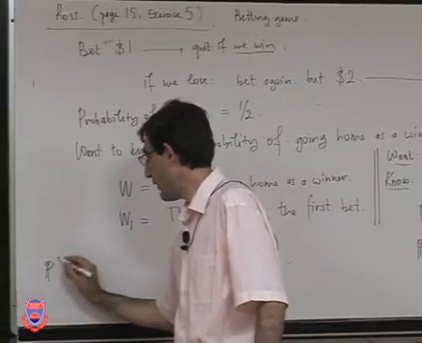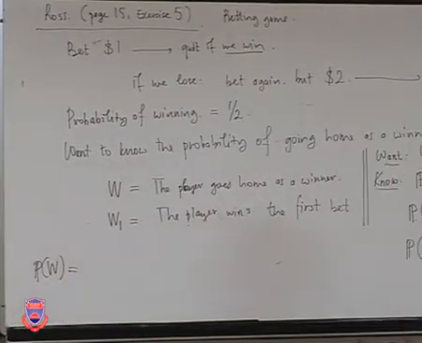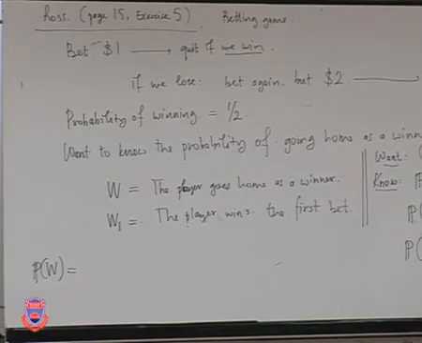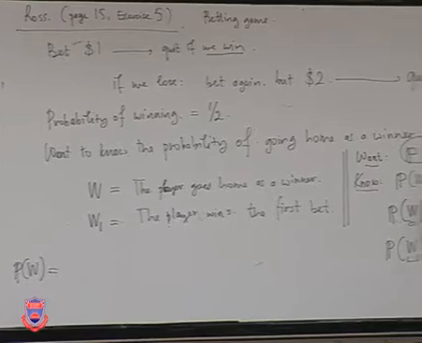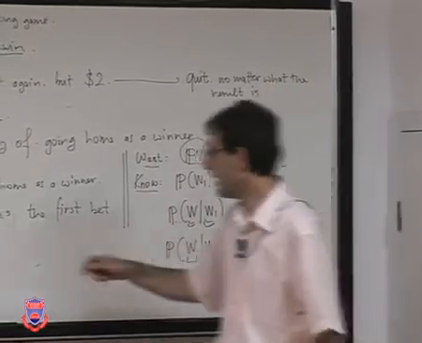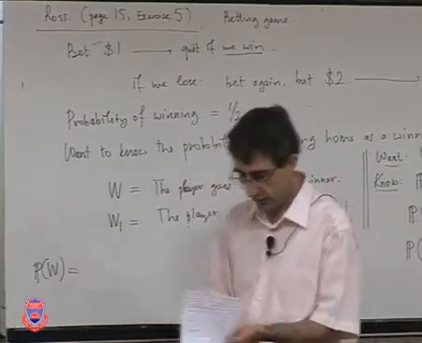What is the probability of going home, the unconditional probability that we are going to go home as a winner? Well, you just look at this thing briefly, and then you say, okay, well, let's play the same game.